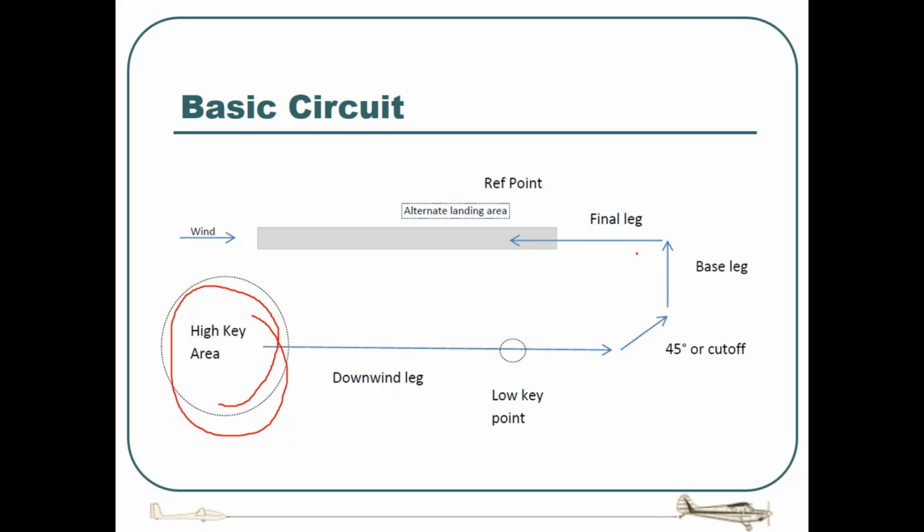Because if this is depicting a left-hand circuit, and I'm doing a right-hand circuit, my high key is actually over here. So if I wait to arrive here before I start planning and then plan for a right-hand circuit, that's a little bit too late. Pavel is saying 1,500 feet AGL. Yeah, we definitely want to tighten our plan for that.